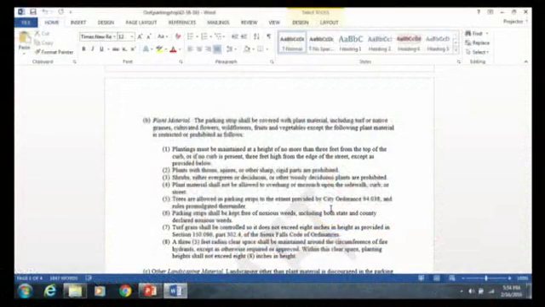So we hope that the committee and the citizens are comfortable with that 36 as well. One thing we wanted to keep in there is that plants with thorns, spines, or other sharp, rigid parts are prohibited. That's basically for safety. And then we're saying shrubs, either evergreen or deciduous, or other woody deciduous plants are prohibited. And obviously, we don't want to see plant material encroach the sidewalk or the curb.